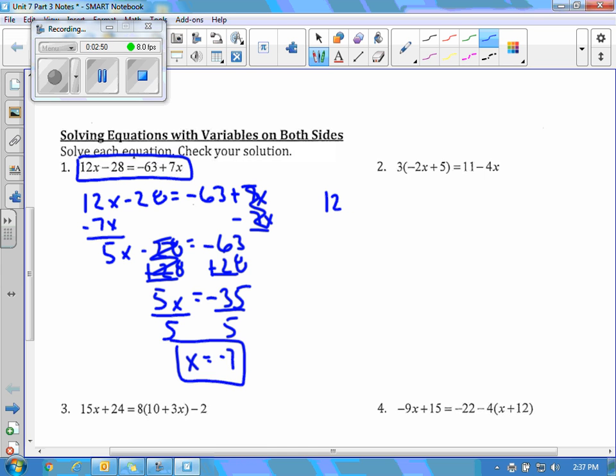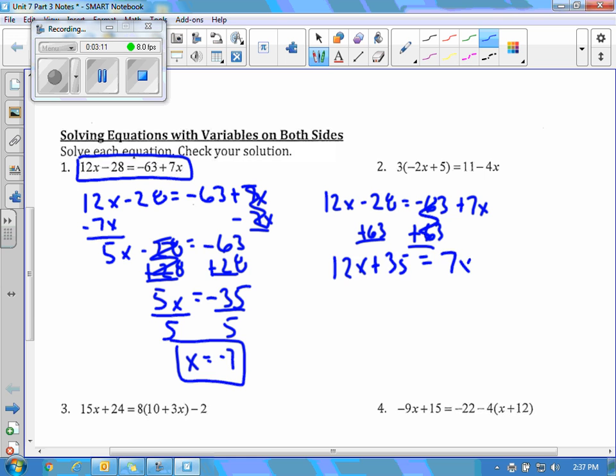Another way I could do it is I could start with one of the numbers. And I could say that I want to add 63 to both sides. When I do that, I get 12x, negative 28 plus 63 will give me positive 35 equals, those will wash out, 7x.